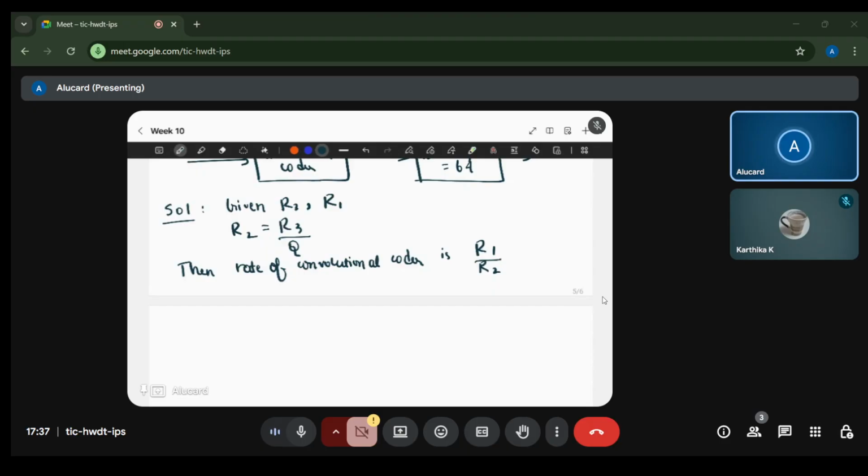Next question, which of the following equations denote the mutual orthogonality principle in DSSS? Again, it's a conceptual question. You can refer to lecture notes 43, 44.